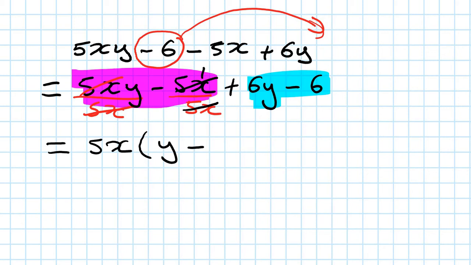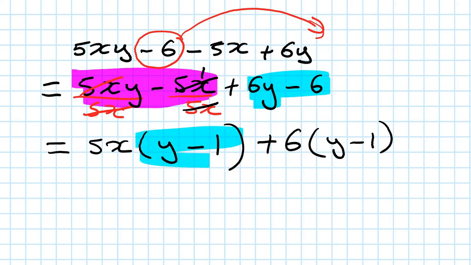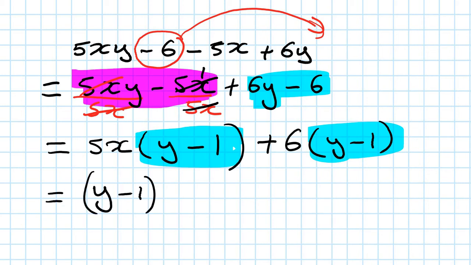Then I take the common factor 6 out: 6y divided by 6 is y, 6 divided by 6 is 1, but just minus 1. Now the common factor is y minus 1. If I take this out, it gives me y minus 1 and an open bracket, 5x plus 6.